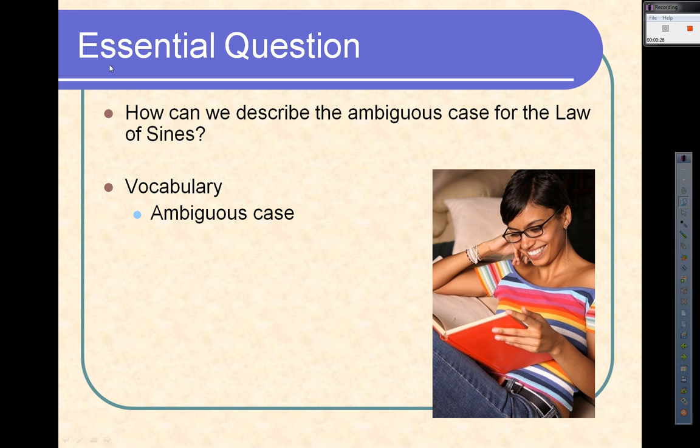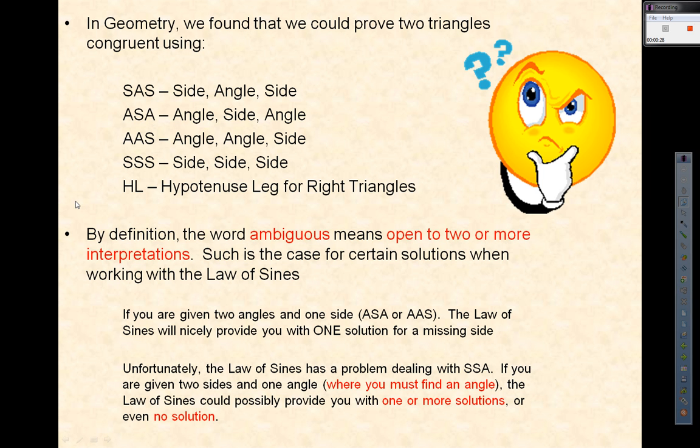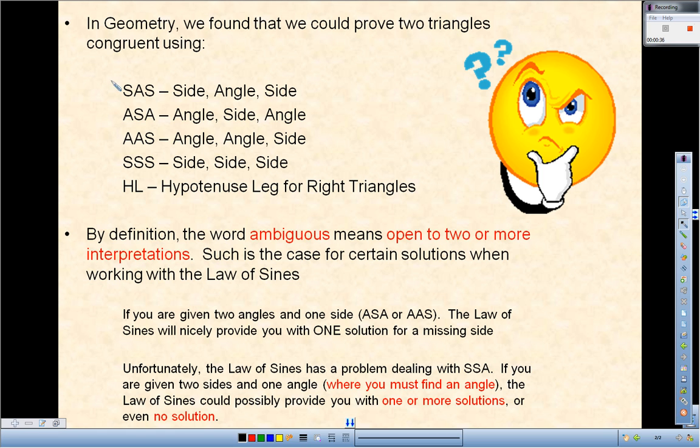Now if you remember from your 10th grade year in geometry, you found that you could prove two triangles were congruent using some different congruency theorems. These congruency theorems were side, angle, side; angle, side, angle; angle, angle, side; side, side, side; or even hypotenuse leg, which is good for right triangles only.